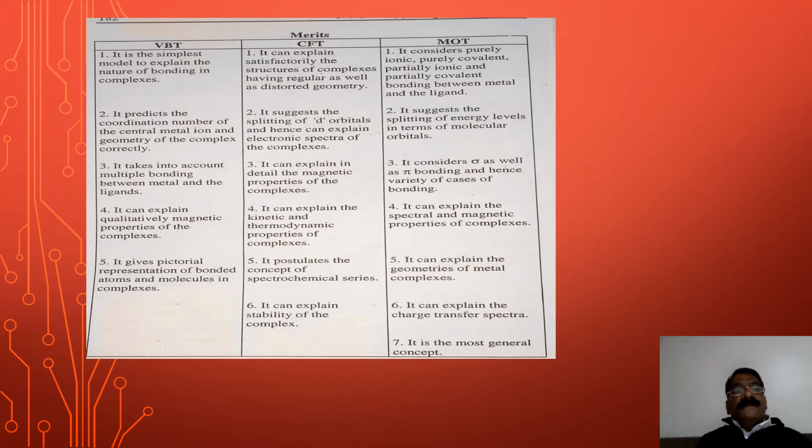Merits of CFT. First, it can explain satisfactorily the structure of complexes having regular as well as distorted geometry. Second, it suggests the splitting of d orbitals and hence can explain electronic spectra of the complexes. Third, it can explain in detail the magnetic properties of the complex.